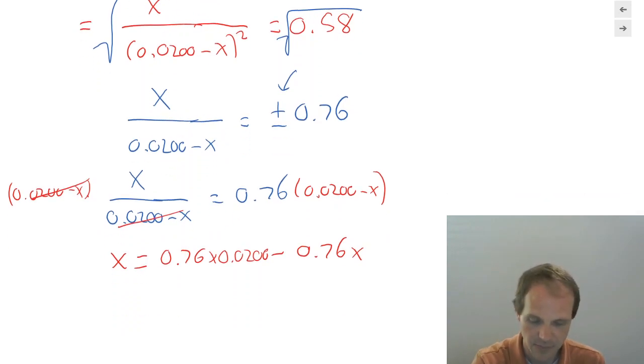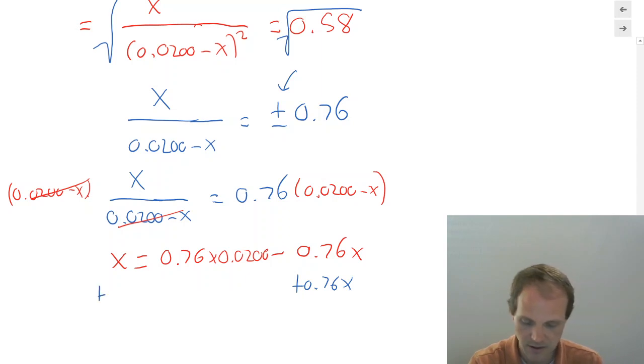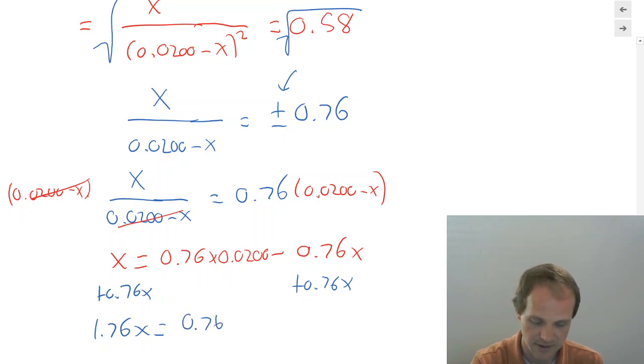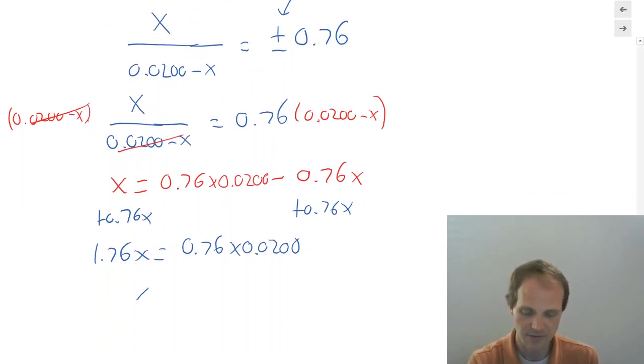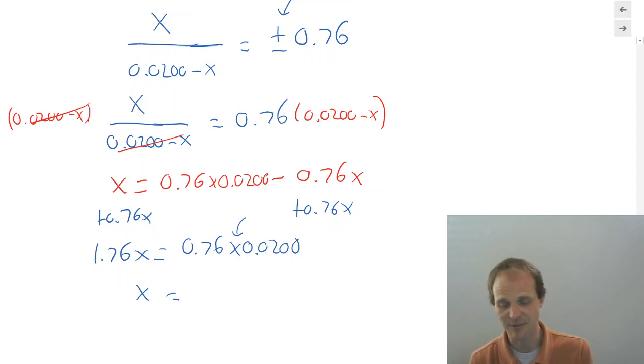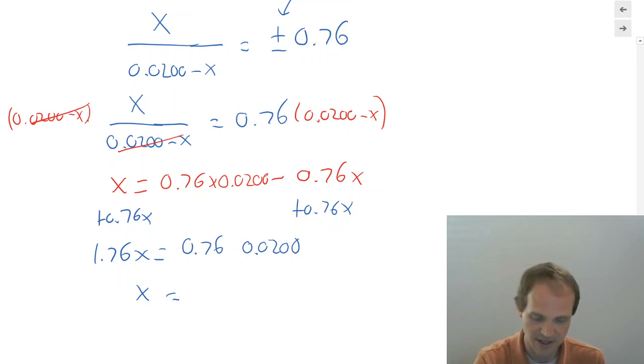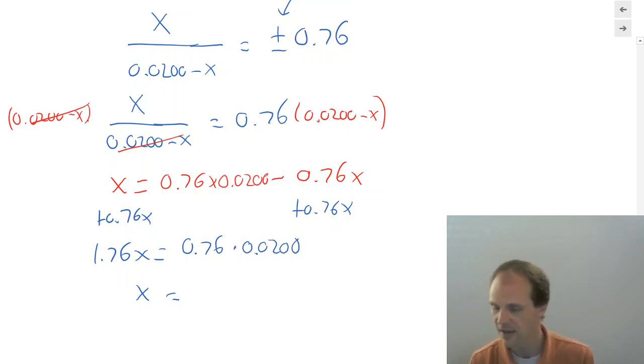Add 0.76x to both sides, and you get 1.76x is equal to 0.76 times 0.0200. Just algebra at this point. If you solve that out, that little x there isn't our variable x, so I'm going to go ahead and change that to times.